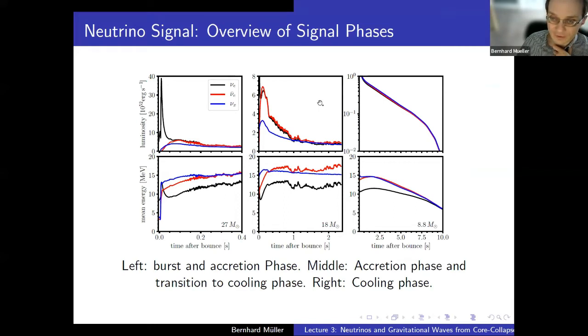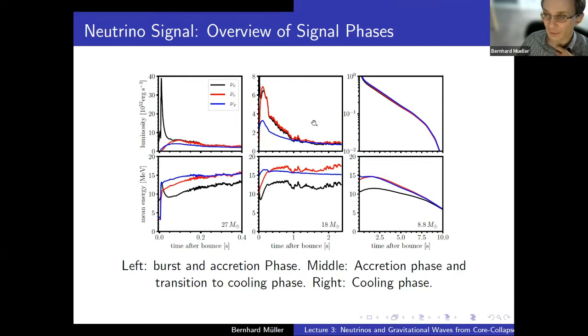I just got a question in the chat whether the uniformity of the burst is an assumption. Well, it's actually a prediction from simulation. So the simulations say that the burst is quite uniform. And of course, the simulations might still be wrong if the neutrino transport during this phase is wrong, or if the massive star progenitor models are very wrong.